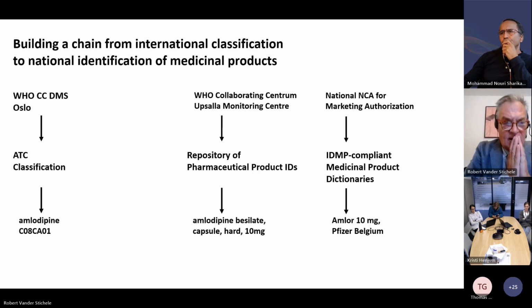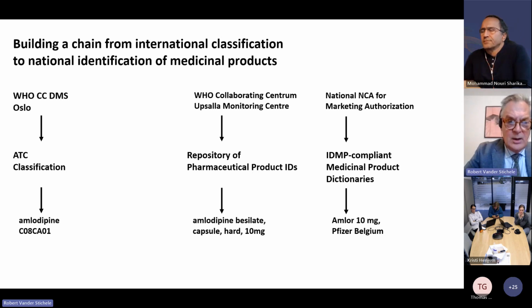So, with all these partners, ultimately a chain from international classification to national identification is built. WHO Oslo runs the ATC classification and decides that amlodipine is the name for the group of products that contain the moiety amlodipine. This is the code of the amlodipine group.